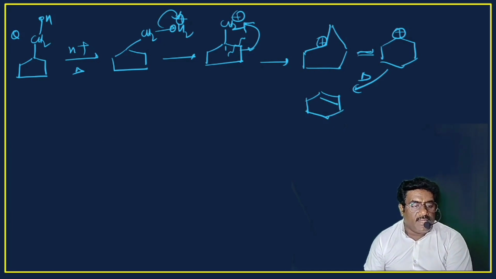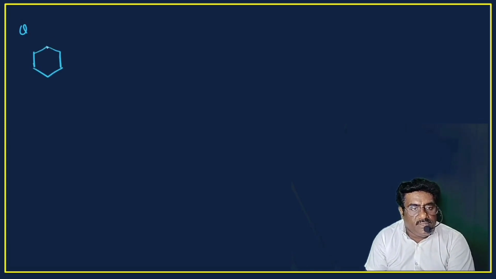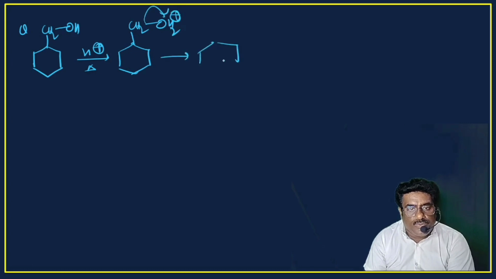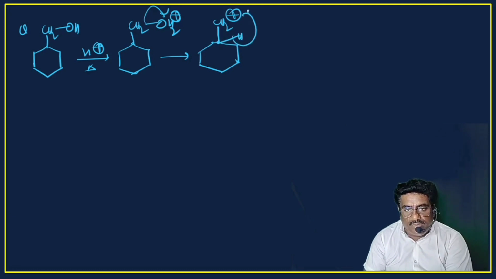I am writing the next example. A six-membered ring with CH2OH in presence of H+, heated. Protonated, it forms CH2OH2+, minus H2O, giving CH2+. So at the first position, the ring is not open and it has one hydrogen, which is shifted to this side.